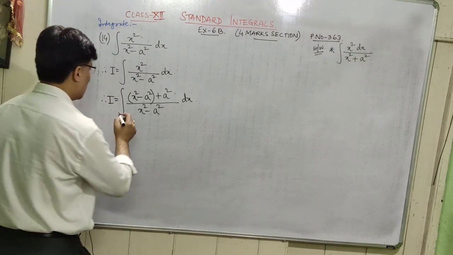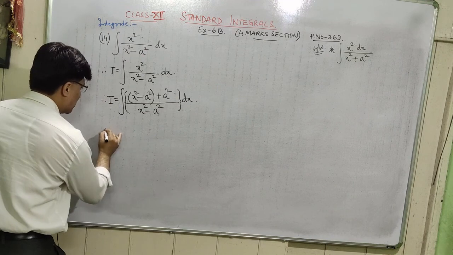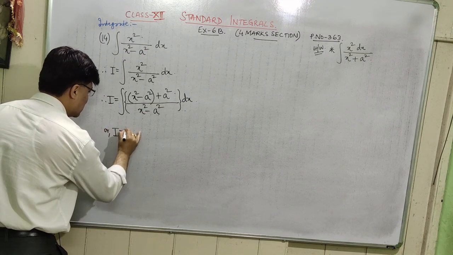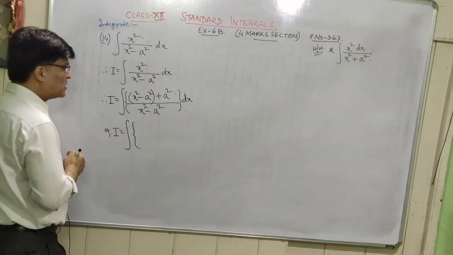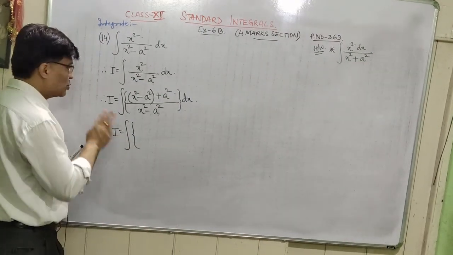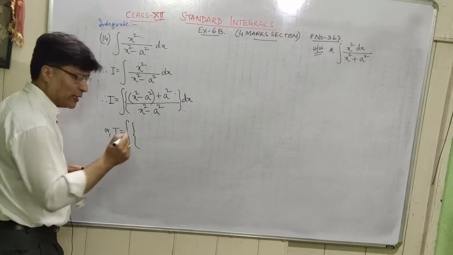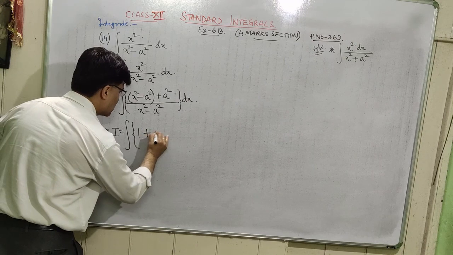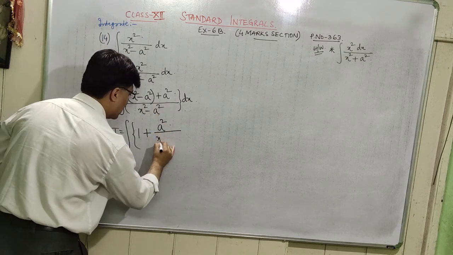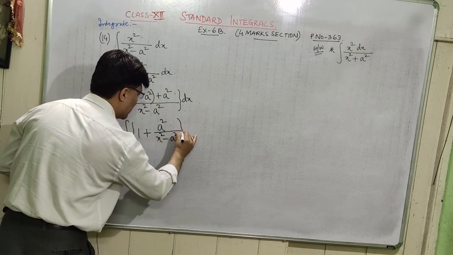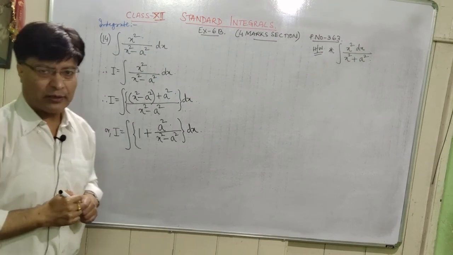Okay, so let us separate this fraction now. I is equal to the integration of, within the second bracket: how will you separate it? x square minus a square upon x square minus a square will be 1, plus a square divided by x square minus a square. Second bracket is closed, then dx.